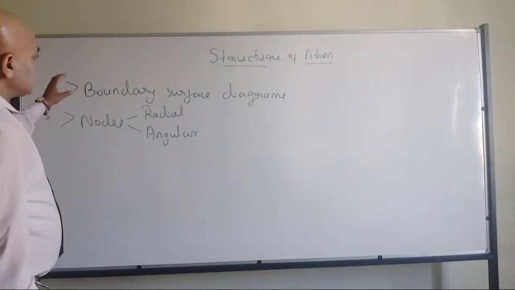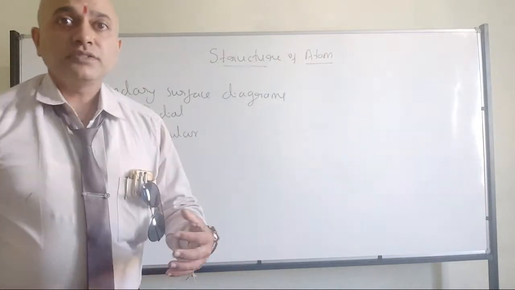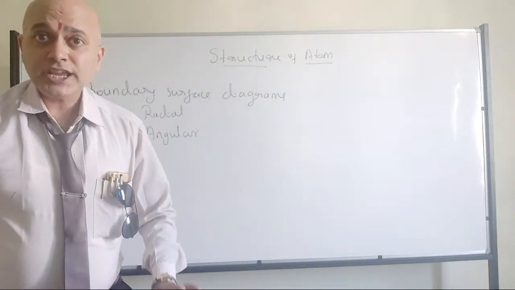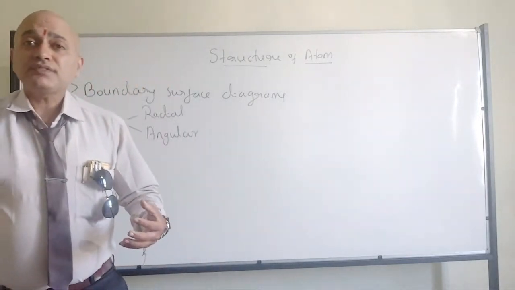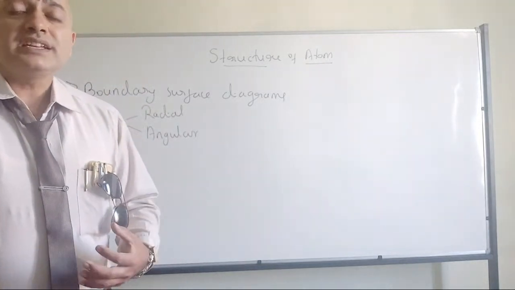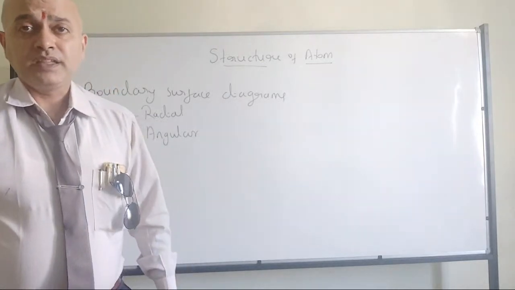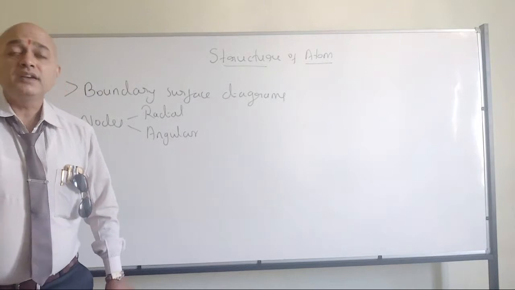So in that case, what do you mean by boundary surface diagrams? Boundary surface diagrams are the shapes of the subshells, those which cover the regions where the probability of finding electrons will be high, and each subshell will have different shapes.